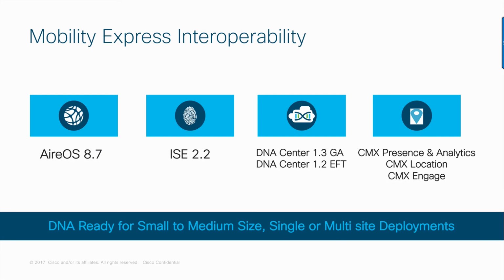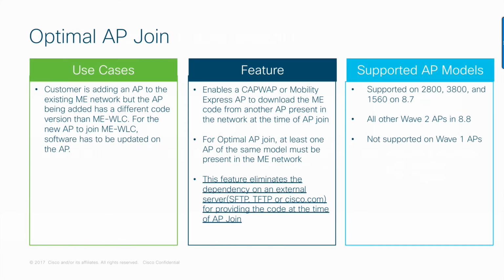All right, so let's take a look at the 8.7 features, starting with optimal AP join. The use case for optimal AP join is quite straightforward. A customer has a Mobility Express deployment and they're trying to add another AP to it. The challenge is that the AP they're trying to add has a different software version than what is running on the controller.